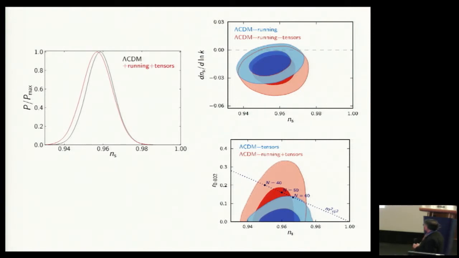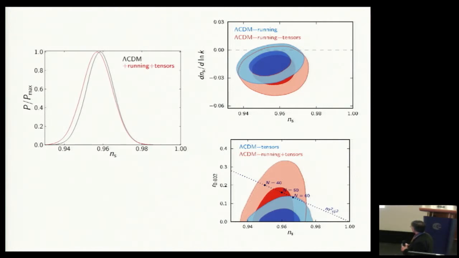These are the constraints in the r-n_s plane for a model without running, and then for a model with running. And this is where we expect m squared phi squared to be for different numbers of inflationary e-folds.